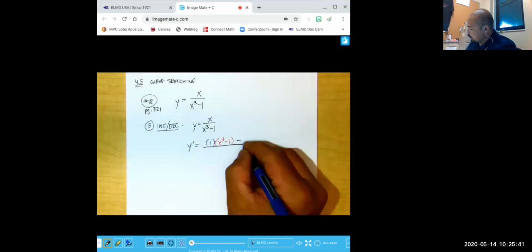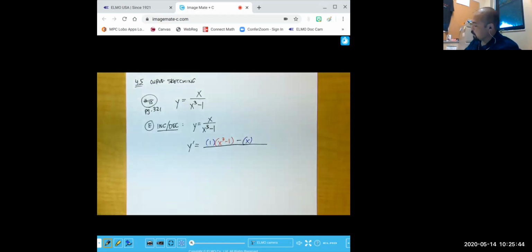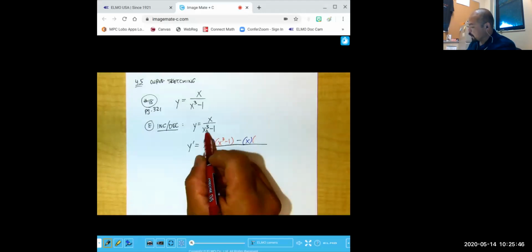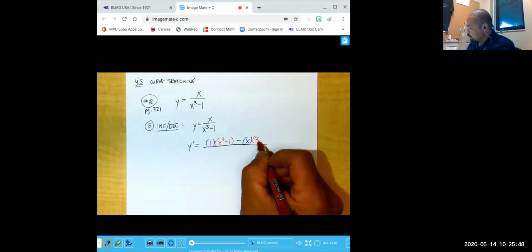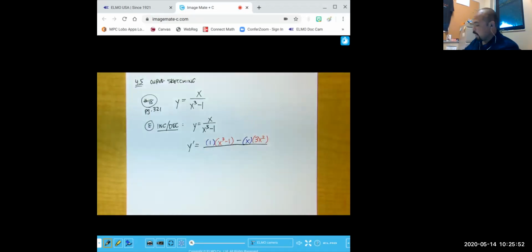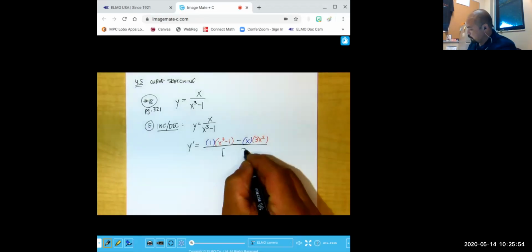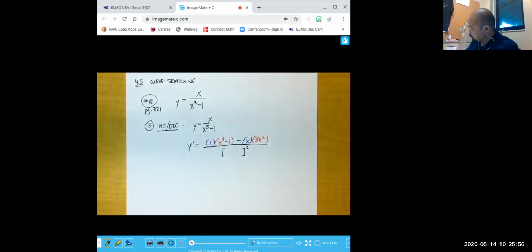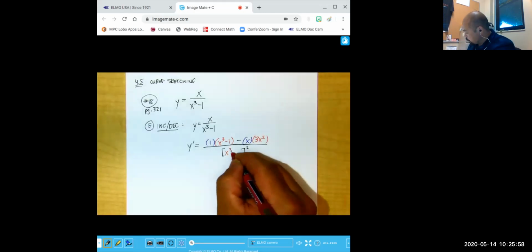The original numerator, x times the derivative of the denominator, derivative of x cubed minus 1, derivative of x cubed, 3x squared. The constant, the minus 1, goes to 0. And that's all over our denominator squared, the original denominator.